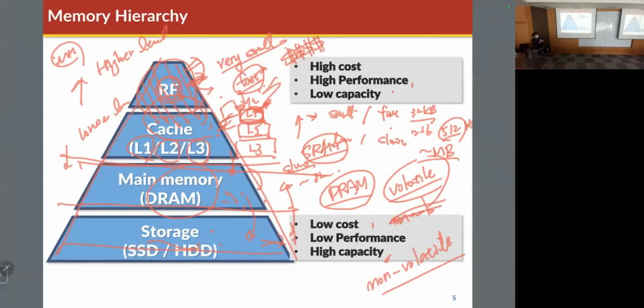Because locality is observed in our normal applications, we can use this memory hierarchy. If locality is not observed, the efficiency of the memory hierarchy will be very low. But fortunately, we can find strong locality in our normal applications, so we can use the memory hierarchy to improve performance.